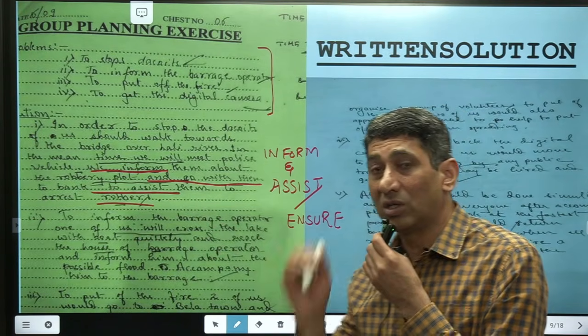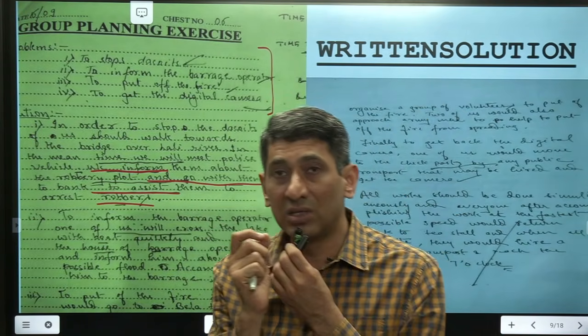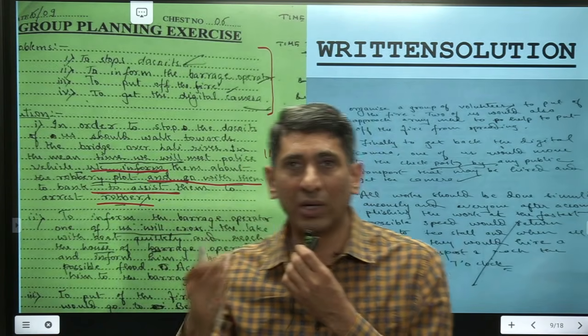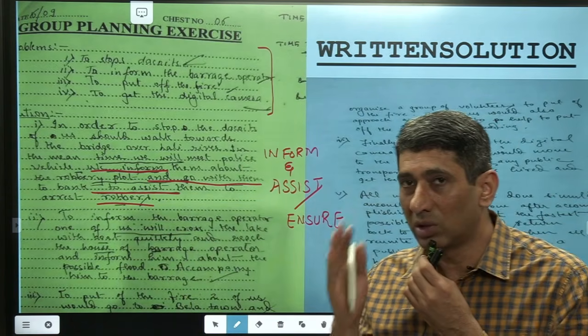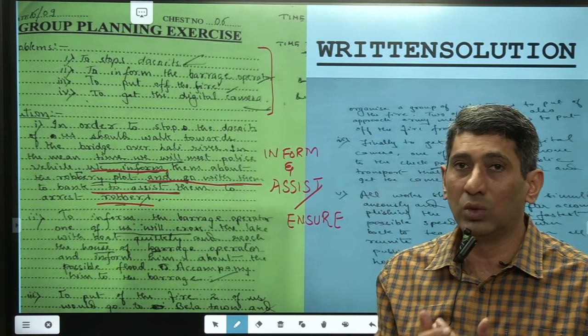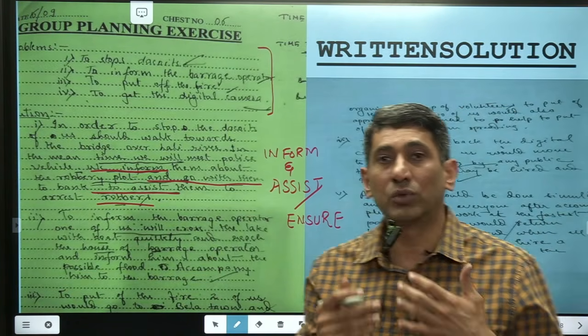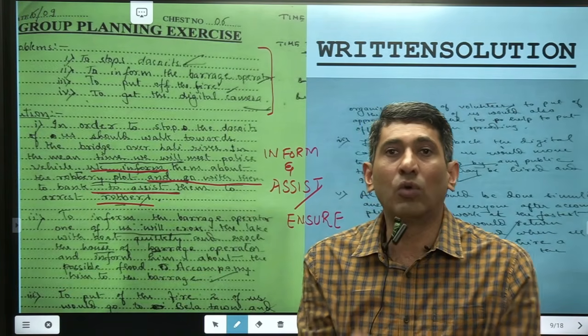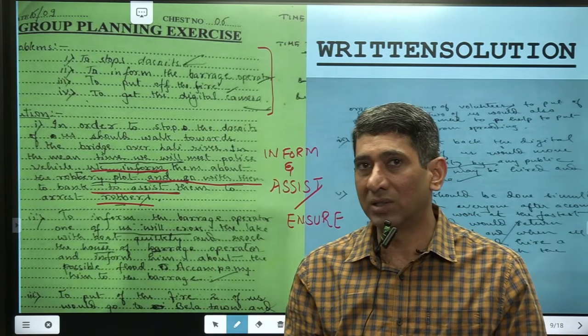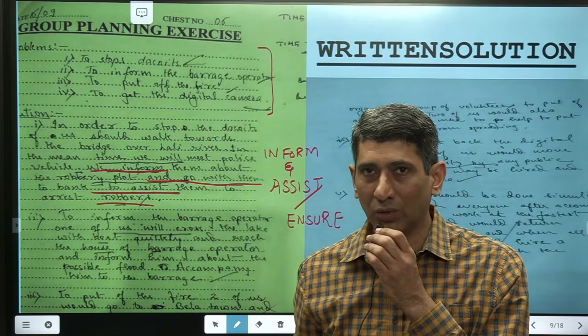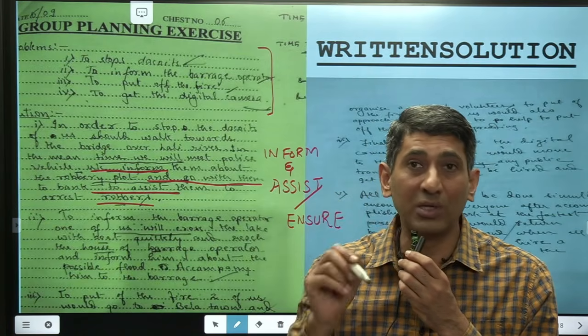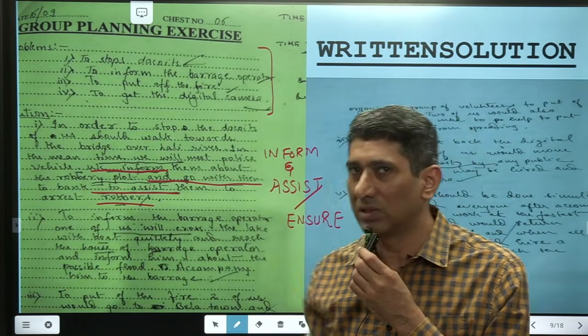So he's not just informing, he is ensuring also by assisting them, and he is totally involved. So when you are solving the problems, your involvement also matters, and to what extent will you do. Okay, and whether that involvement is realistic or not also is seen.